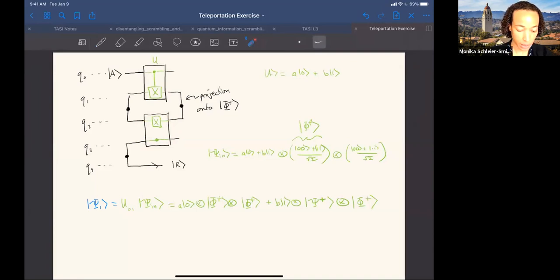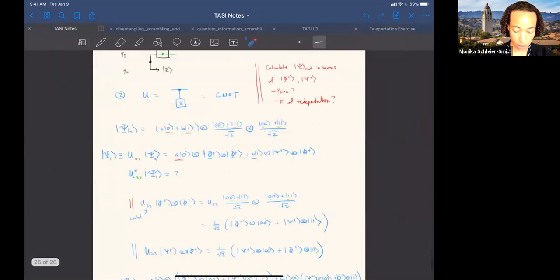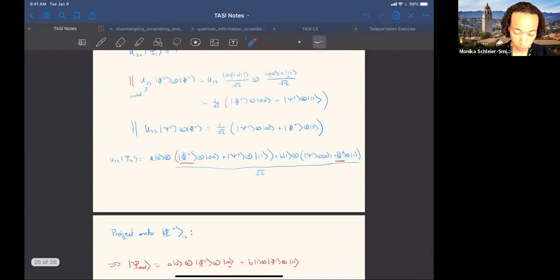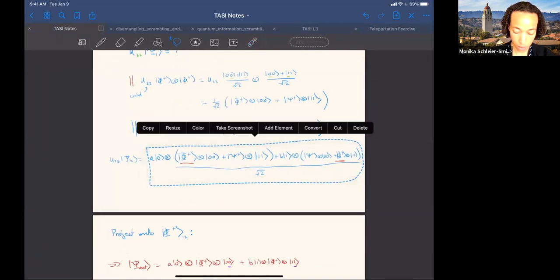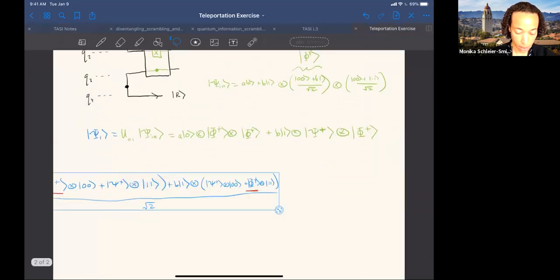Let me take one step ahead and write out what we get, and then see whether it makes sense.